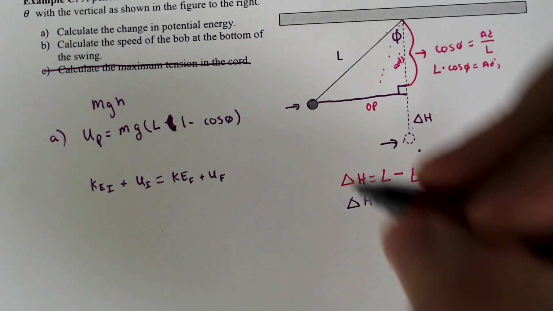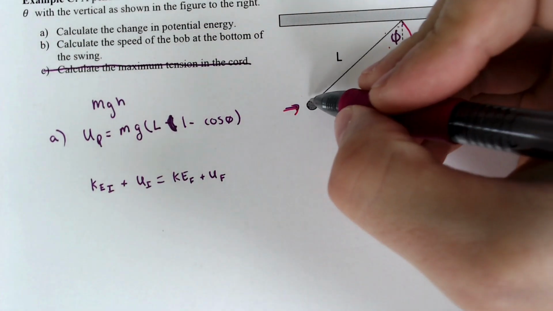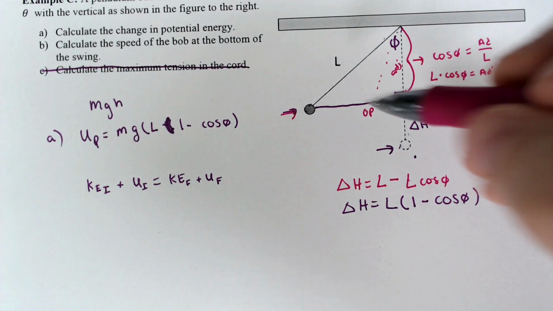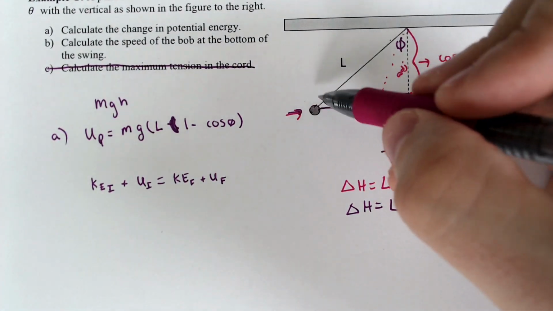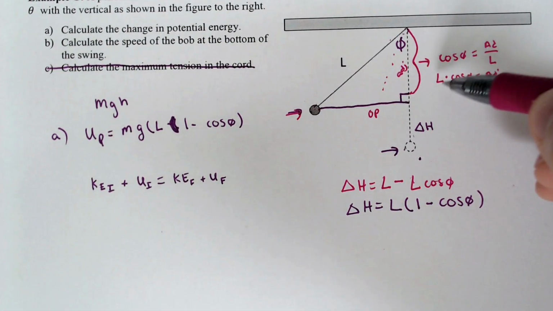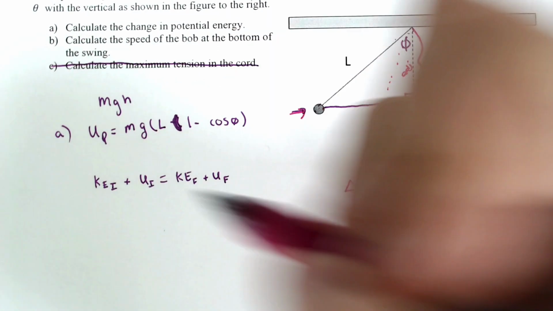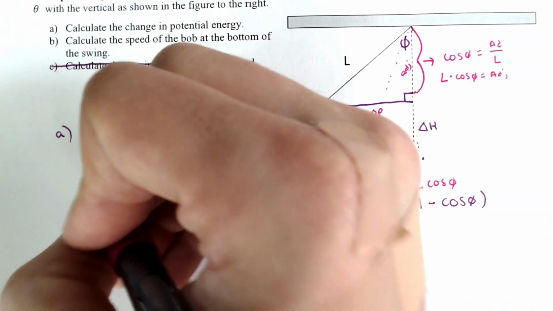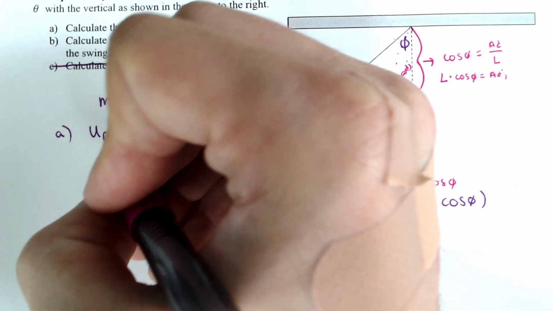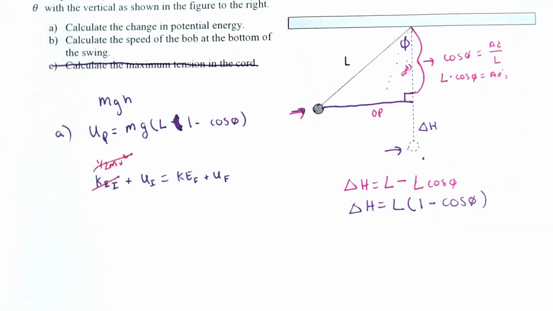So let's think about initially, if we were up here, what is the speed of this ball? Well, it's starting to change from going up to down, so the speed initially would be 0. That means the 1/2 mv squared would just cancel out.